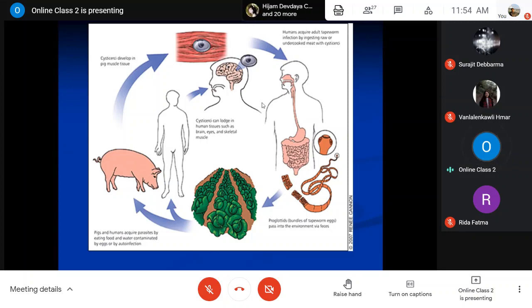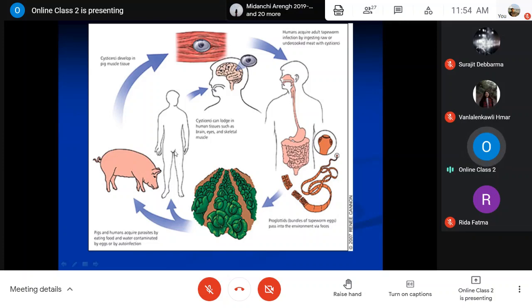Then there are contaminated vegetables, and other food and water. I'm showing here vegetation contaminated with the infective larval stage excreted by an infected human, which is then consumed by the pig or the man.